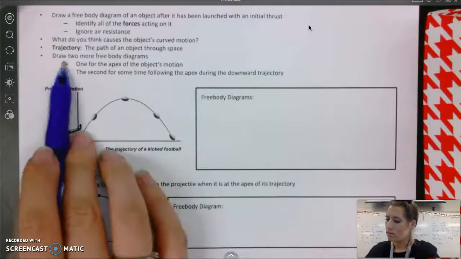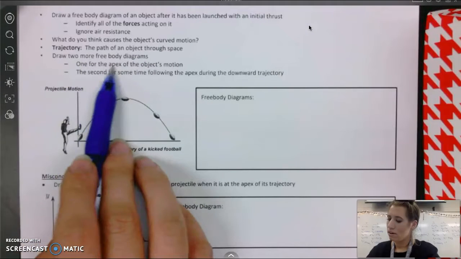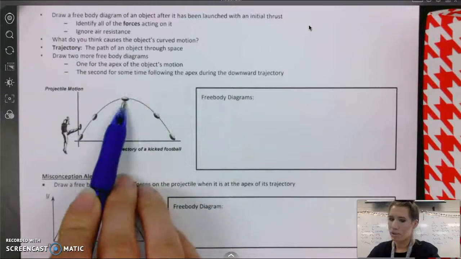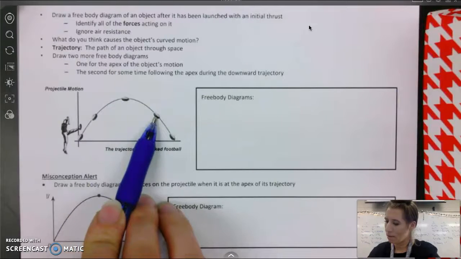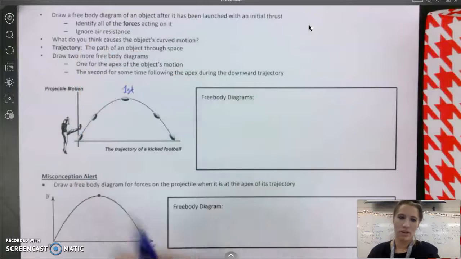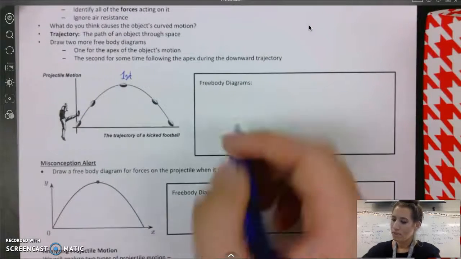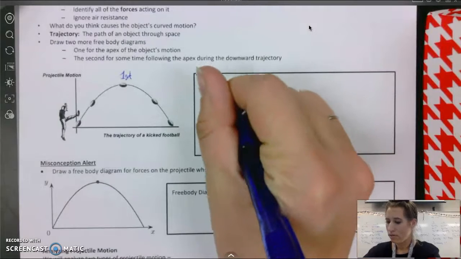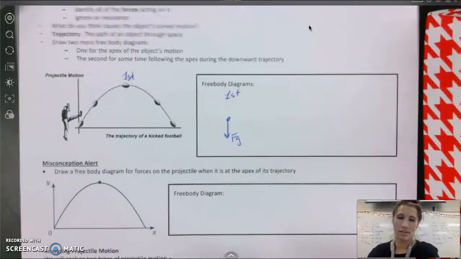So we have two or more free body diagrams. One for the apex of the object's motion, and then a second for some time following the apex. At the very top of that parabola, the only force acting on that object is the force due to gravity, and that's it.